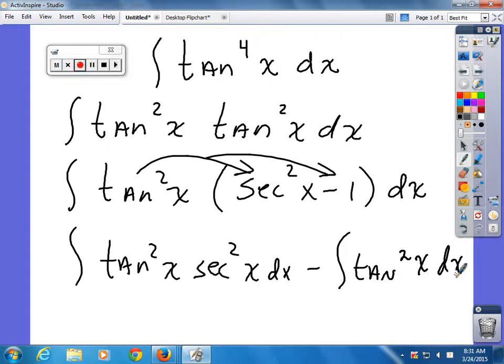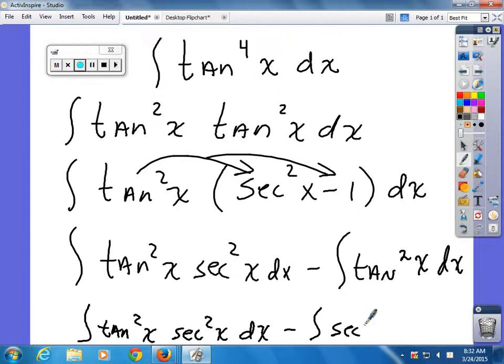And of course you can turn that tangent squared into secant squared minus 1 again.